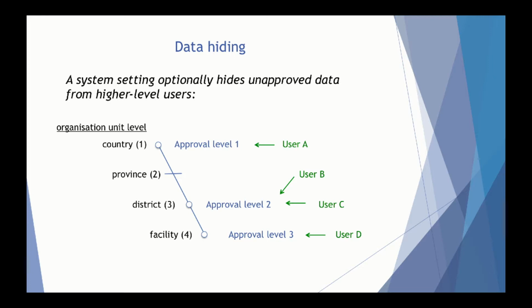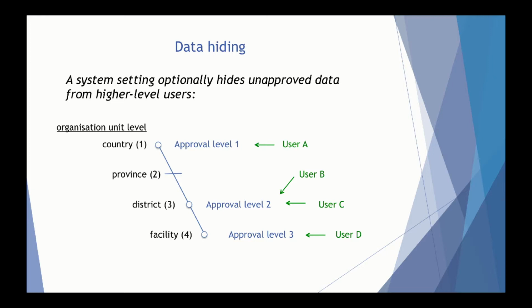So in fact, what the approval system does is it looks at each user and ranks them according to which approval level they are associated with. It will associate user B with approval level 2, meaning if user B has the authority to accept, it can accept something from facility up to district. If user B has the authority to approve, it can approve something from district up to country.